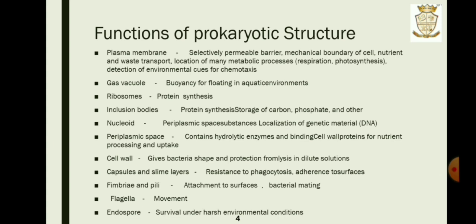Periplasmic space: containing hydrolytic enzymes and binding proteins for nutrient processing and uptake. Cell wall gives bacteria shape and protection from lysis in dilute solution. Capsules and slime layers: resistance to phagocytosis, adherence to surfaces. Fimbriae and pili: attachment to surfaces, bacterial mating. Flagella: movement. Endospore: survival under harsh environmental conditions.